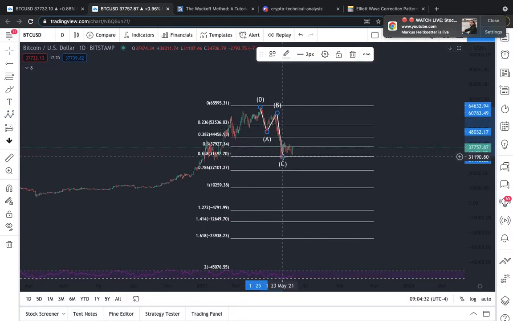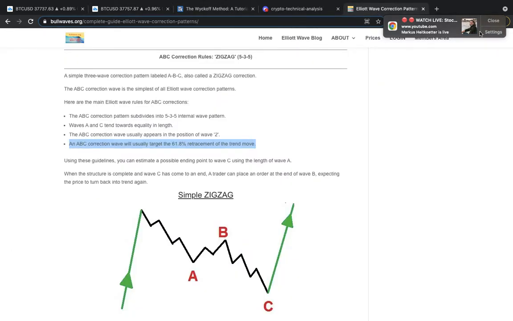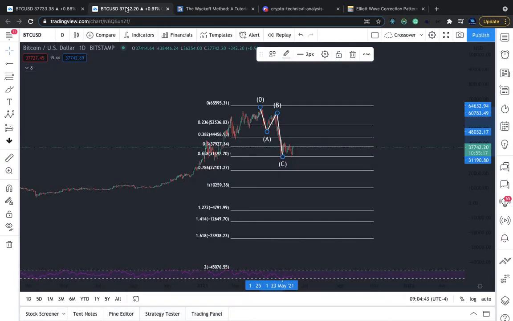That's ABC. If you go to the rules of Elliott Wave, it clearly says the target would be the 61.8 retracement. This is the 61.8 retracement using Fibonacci from where the trend started right here all the way to where the 5th wave ended up here.